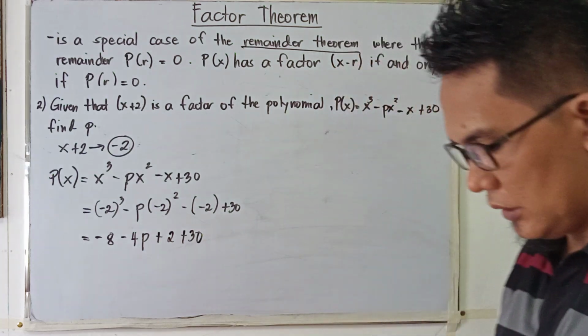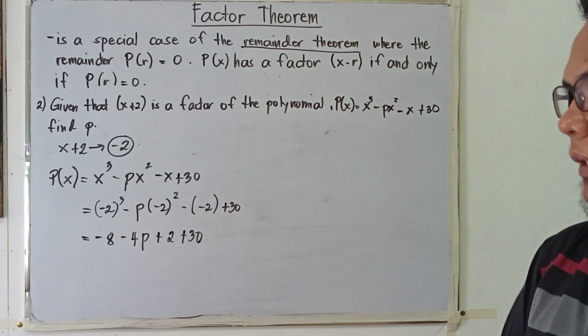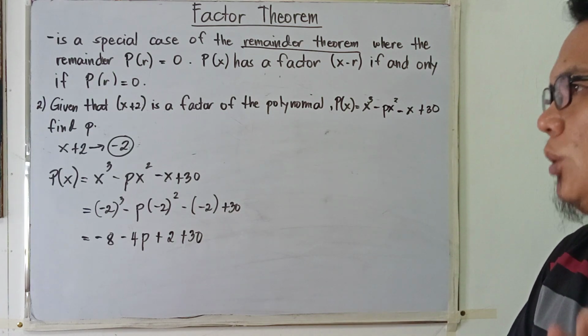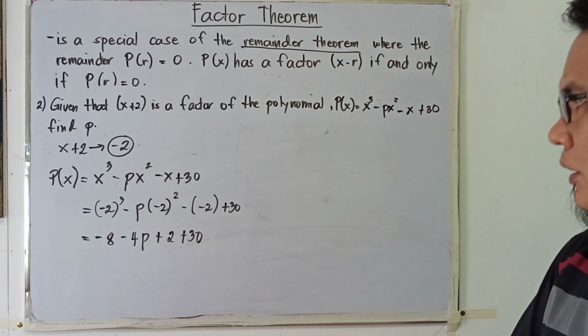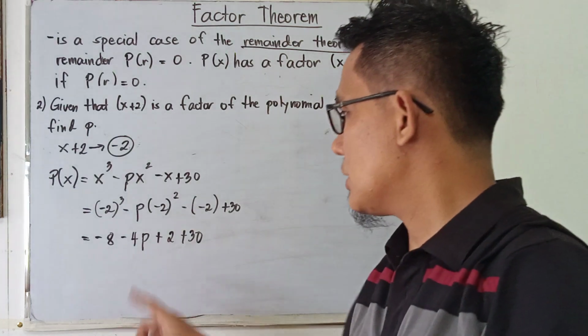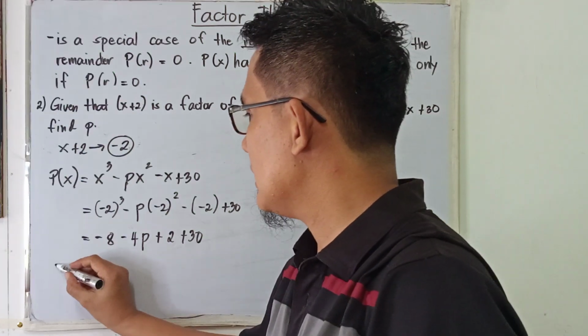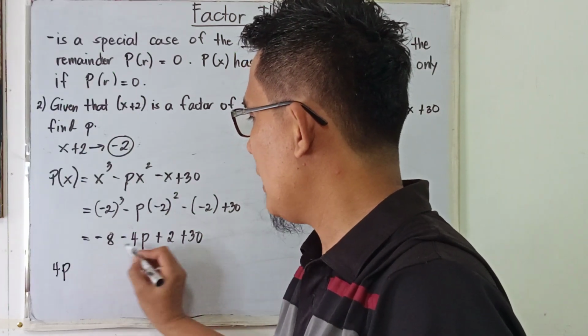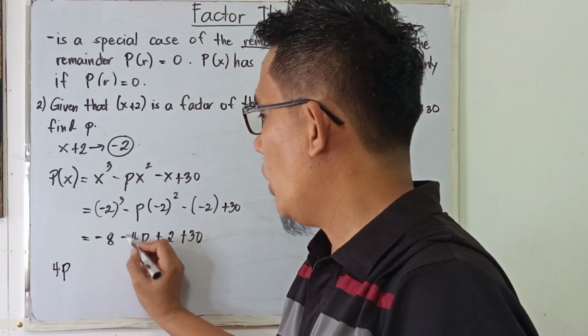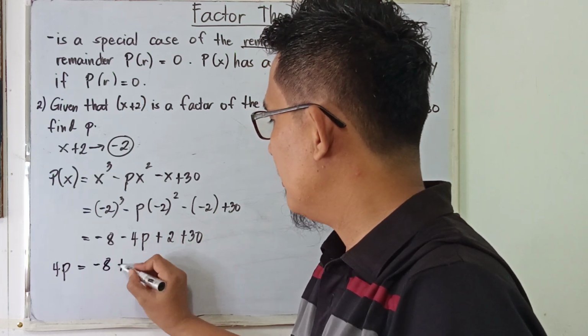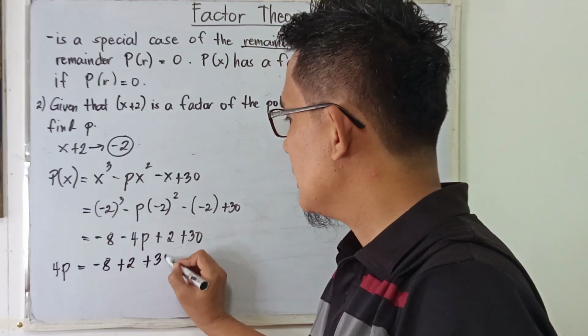Okay, we do the same as in a linear equation in one variable, where we have a variable with an unknown value. We rewrite 4p on the left side by copying it with the opposite sign, then copy negative 8 plus 2 plus 30.